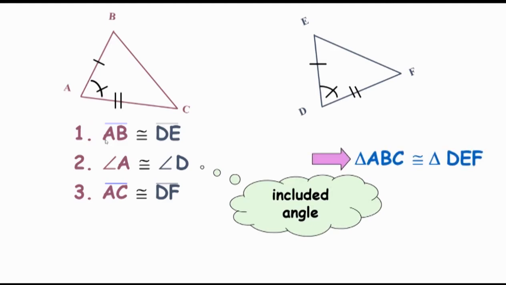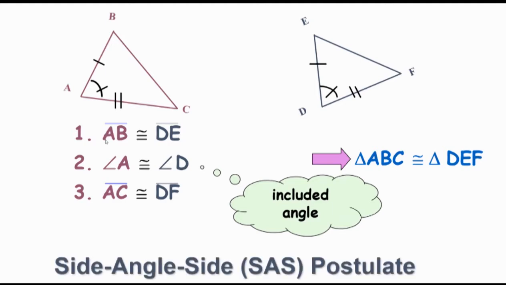Therefore, we can say triangle ABC is congruent to triangle DEF, using the postulate S, which is side, angle A, and side again, SAS. That means side, angle, side. This is a postulate to prove that triangle ABC is congruent to triangle DEF.